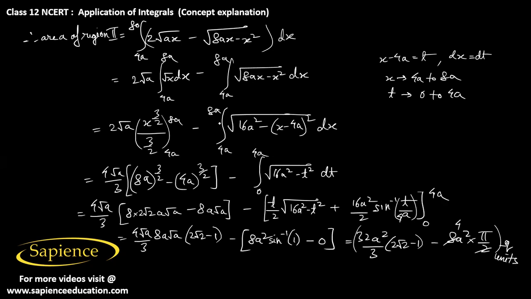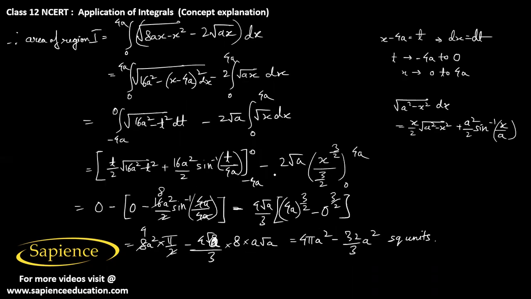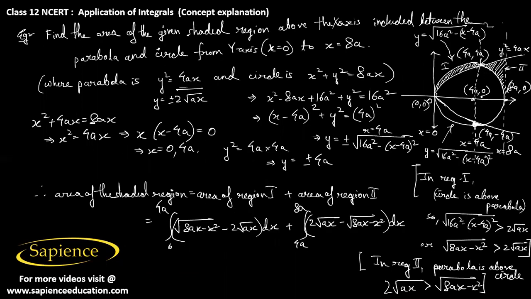Then we need to add the area of region 1 and region 2. Then we will get the area of this shaded part.